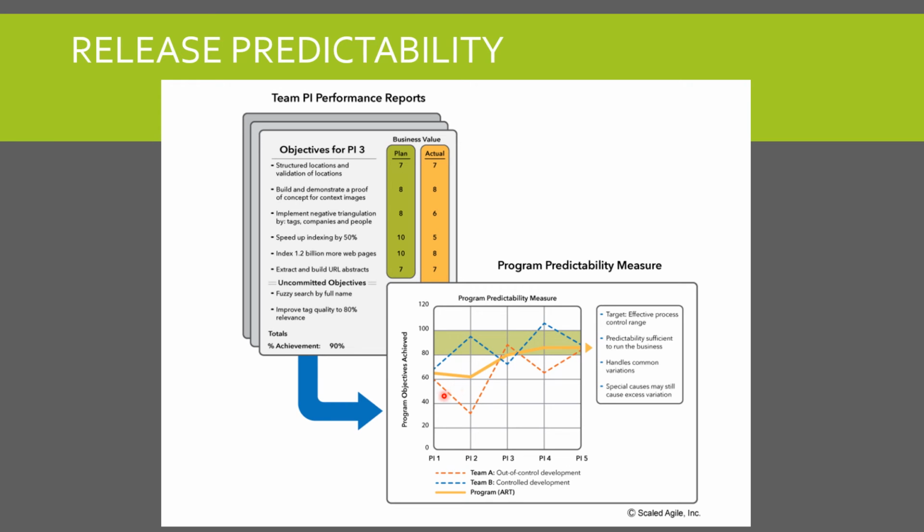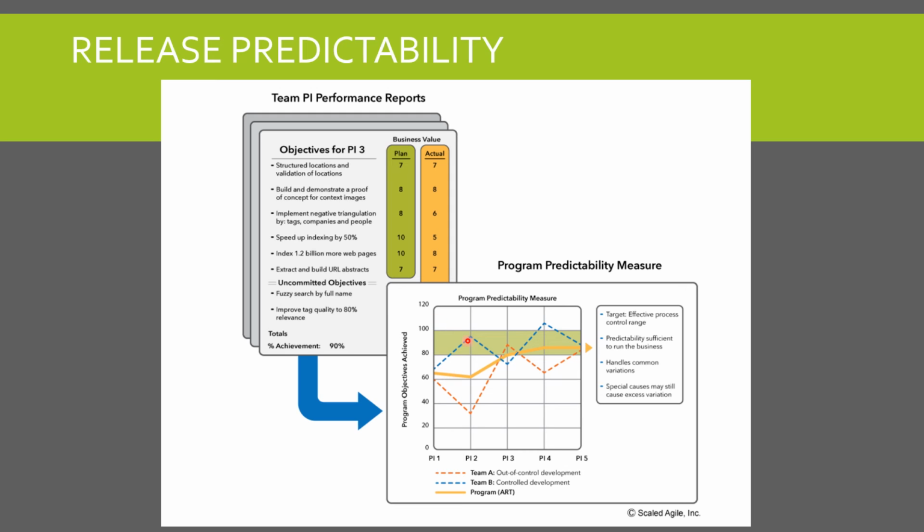See that team B, the blue one, is somewhat better than team A. This indicates that the orange is out of control development, and the blue is more or less controlled.